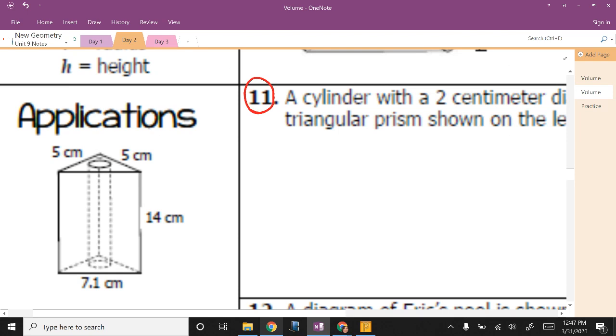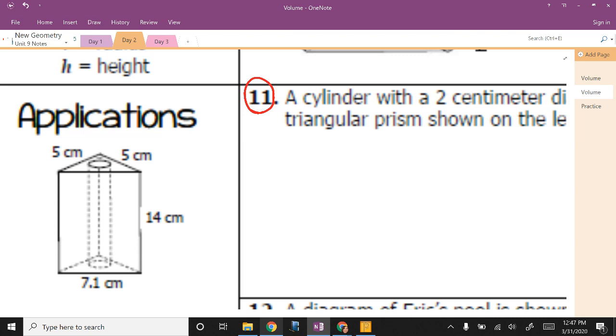All right. So think about it. You have a triangular prism with a cylinder drilled out of it. Okay. So it's like a pipe going through the prism. Think about it. So there's a missing cylinder out of this triangular prism. All right.